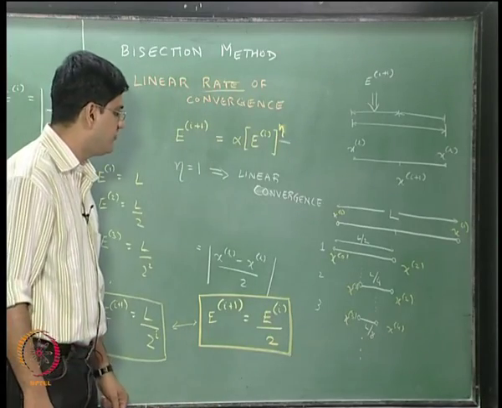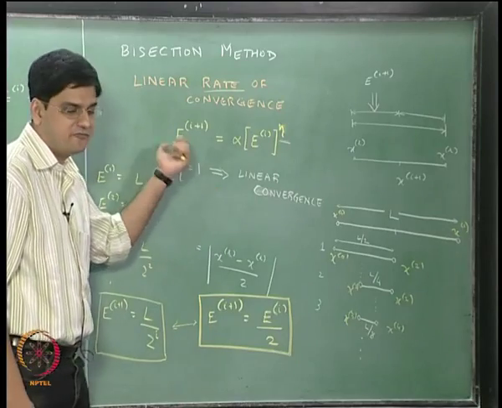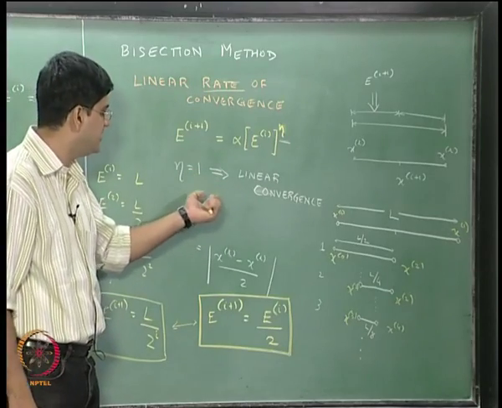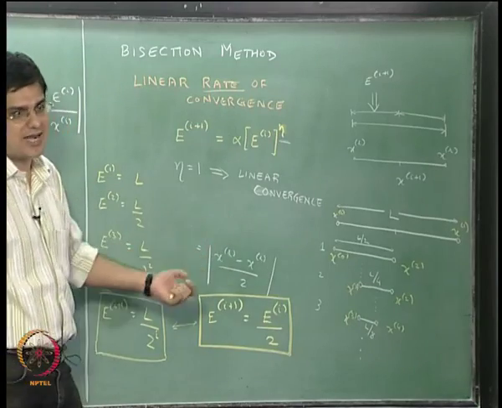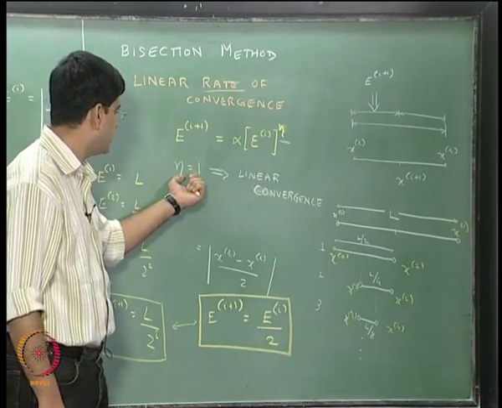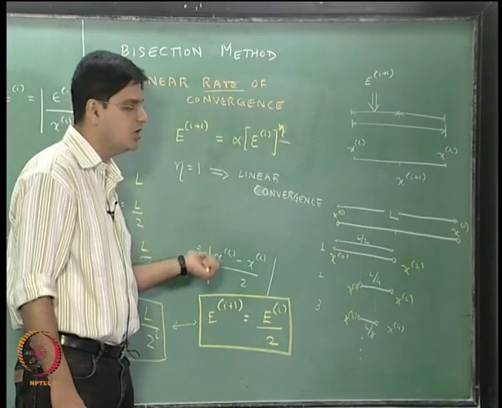In a few minutes from now, we will also look at fixed point iteration, which also has a linear rate of convergence, and the Newton-Raphson method, which has a quadratic rate of convergence. What that means by quadratic rate of convergence is that eta is equal to 2.